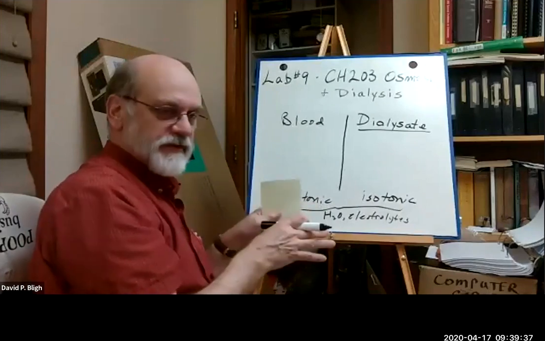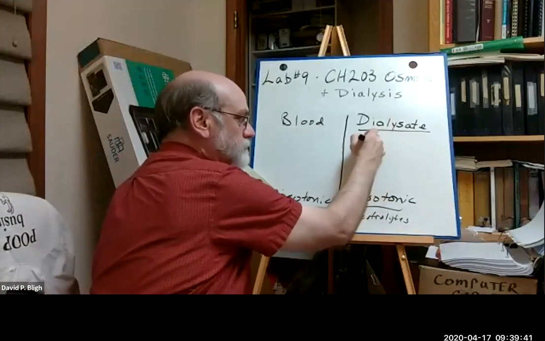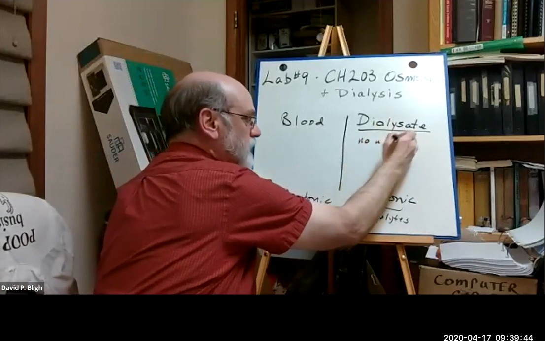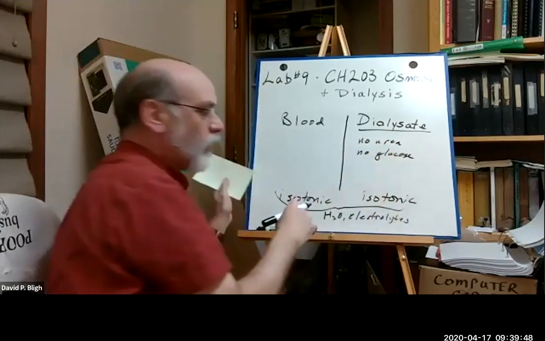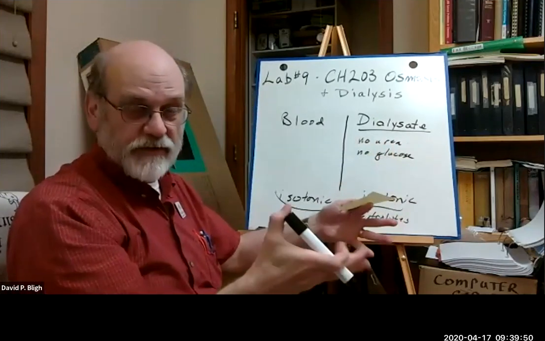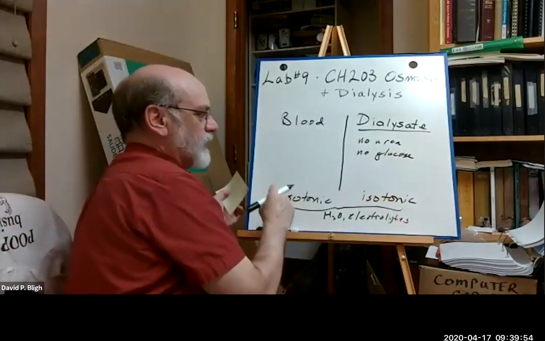And the only difference is the difference in waste products, right? There's no urea over here. There's no glucose over here. And whatever other waste products that your body normally develops, those are just a couple.